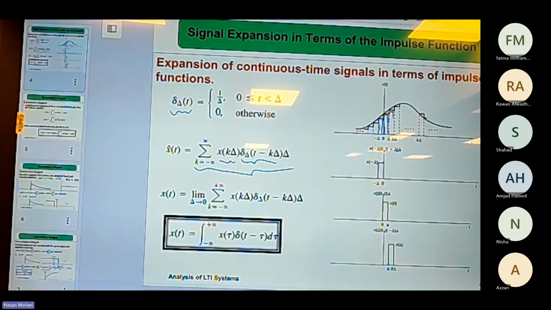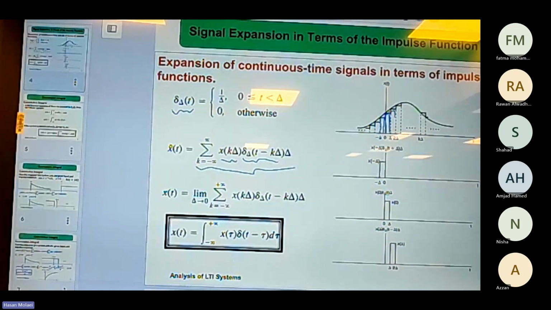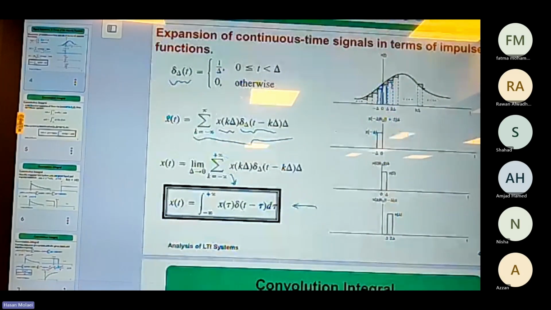When delta becomes smaller, approaching 0, I can change the summation to an integral. So for any signal you have, you can express it with an integral of impulses.